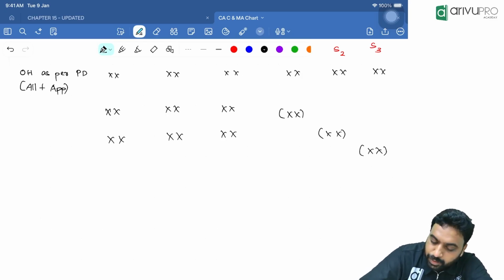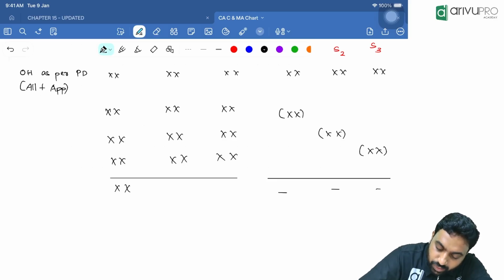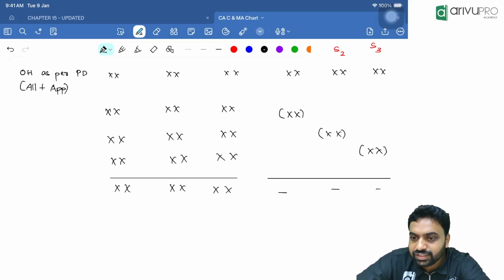Need not be to all the production departments again. In this scenario, guys, the service department overheads will become nil and overheads will be there only in the production departments. Correct? Now this one we call direct redistribution. What do we call it?